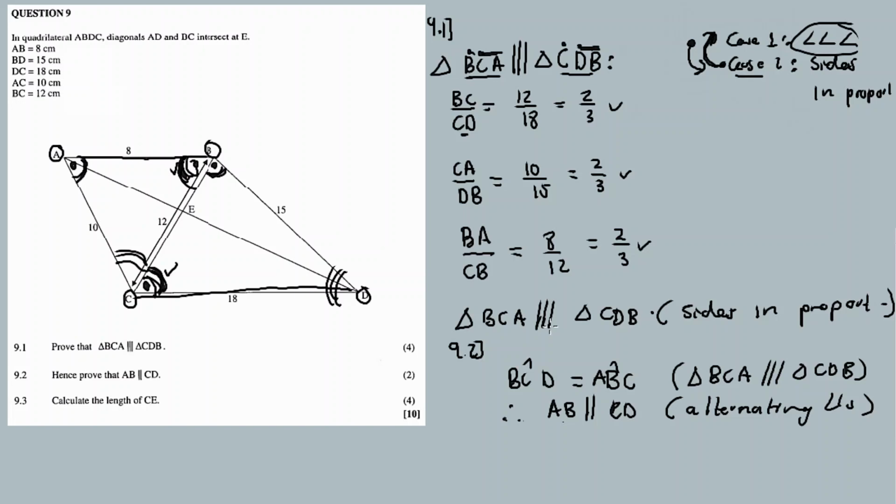So 9.3, we calculate the length of CE. Alright. Let's do that now. 9.3, we want the length CE, this length here, right? So the length from C to B is 12.